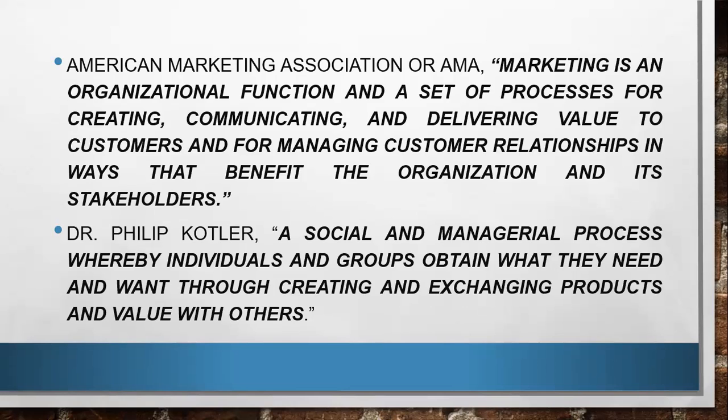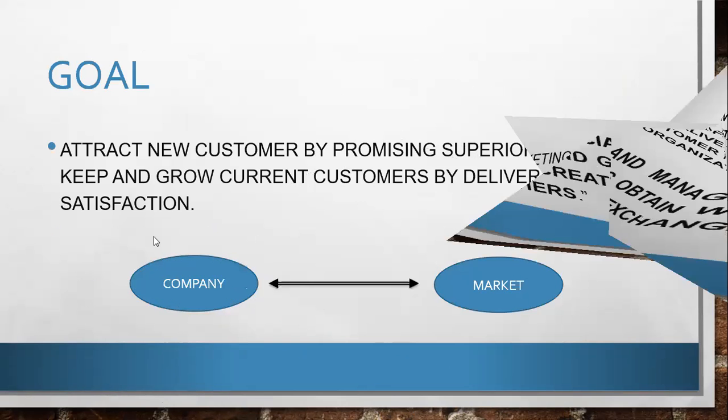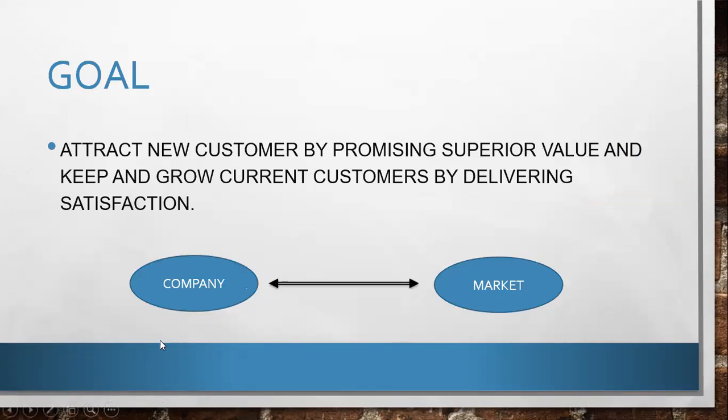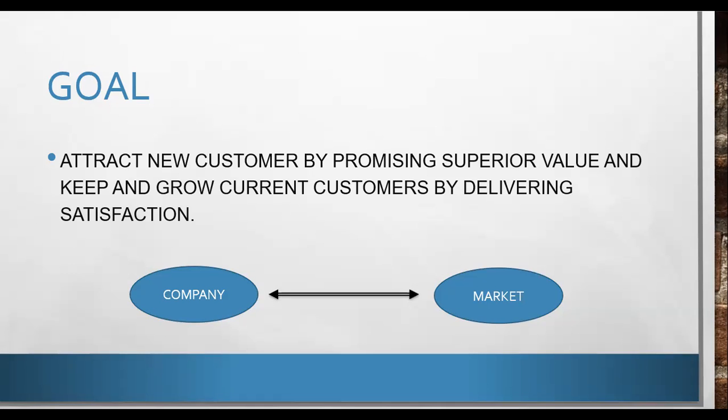It says that marketing is a social and managerial process whereby individuals and groups obtain what they need and want through creating and exchanging products and value with others. So that is also his definition of marketing.